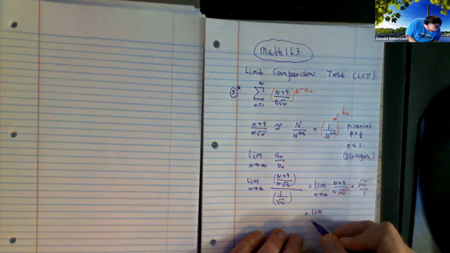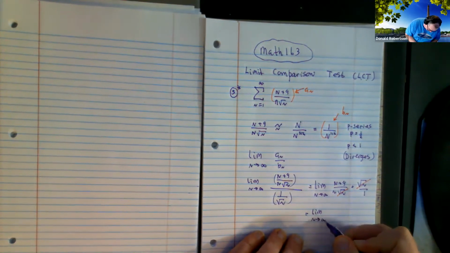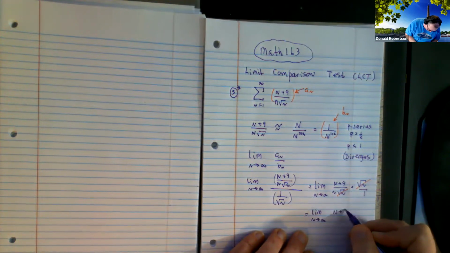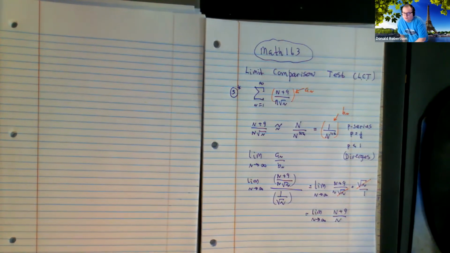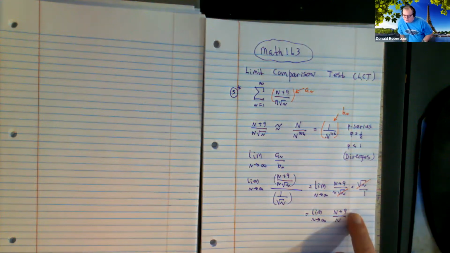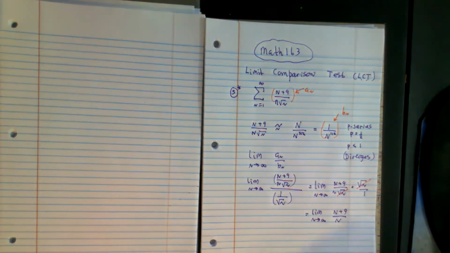And now we have the limit as n tends to infinity of n plus 9 over n. This looks very deja vu, so I may have actually done this question, or at least one like it. Okay, what is the limit of that fraction? It's pretty easy to do in your head. As n tends to infinity, what's the limit of this fraction? 1.